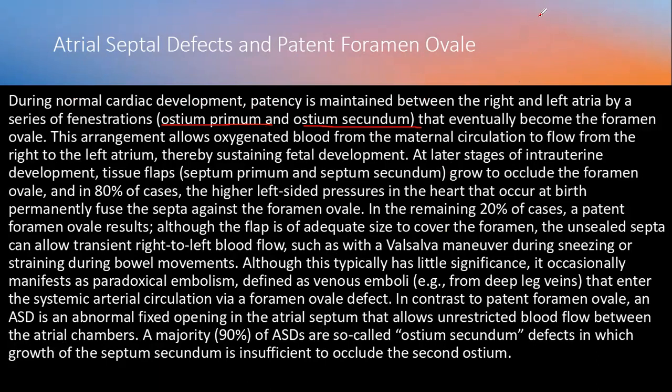Now, during interatrial septation, we usually first form the septum primum, which grows from the roof of the atrium towards the endocardial cushions. Imagine this is the right atrium, and this is the left atrium. This would be your ostium primum.